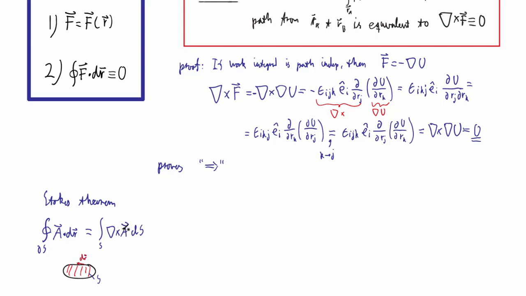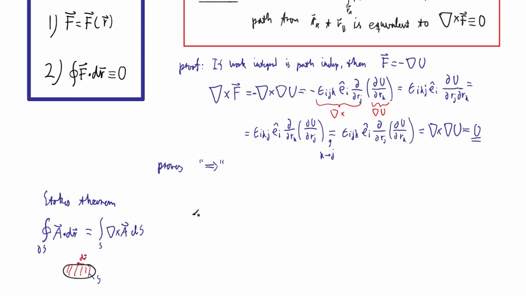Now I'm not going to prove Stokes' theorem, but if you haven't seen it before, hopefully you can at least accept that it is reasonable. What it says really is that the microscopic rotation, that's what the curl measures, inside the surface, if you sum it all up, equals the macroscopic rotation that you get if you go around the outside of the surface. That's really what Stokes' theorem says.